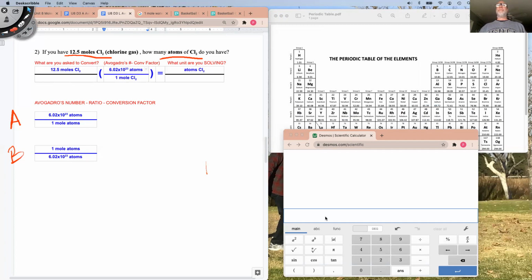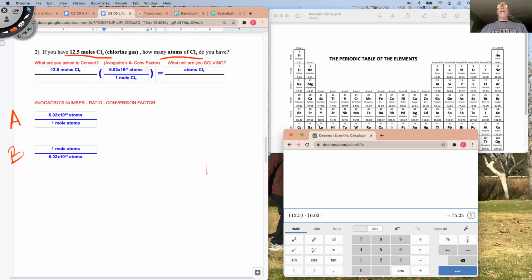So let's start off. We're going to be right here, 12.5. And what are we going to do? We're going to multiply. Now, I like parentheses better because it keeps things together. So 12.5, and then we're going to go times, and we'll put another set of parentheses here, and then we're going to put in the 6.02.